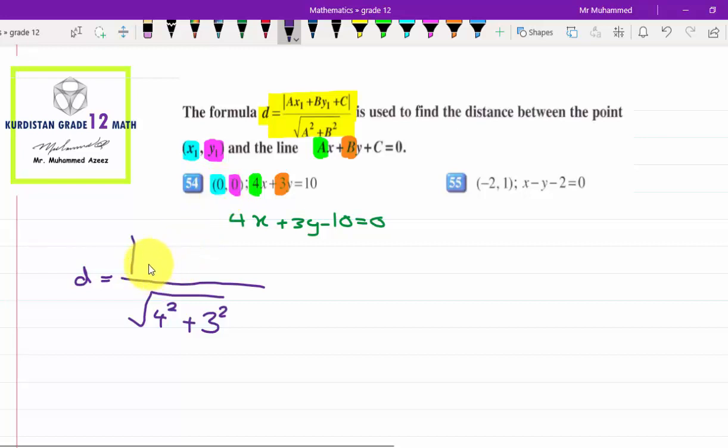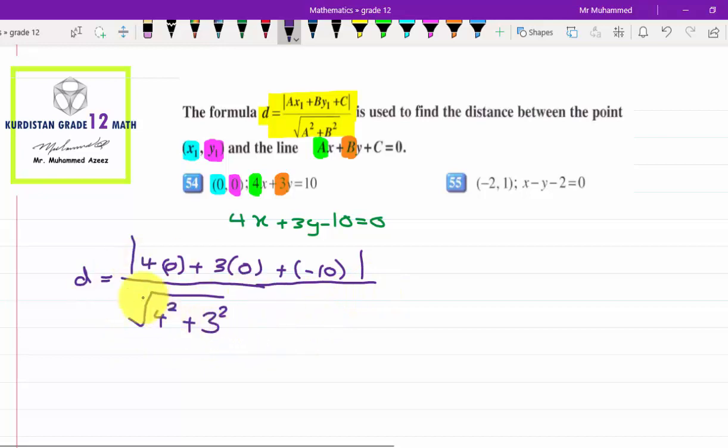A is 4 times x1 is 0, plus b is 3, y1 is 0, plus c is negative 10. Close the absolute value.